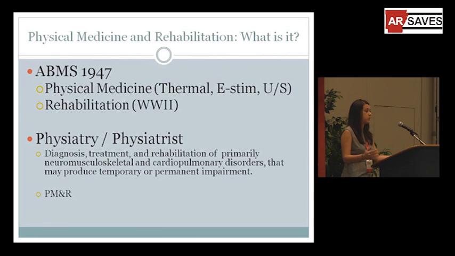We're also known as physiatrists or physiatrists, depending on what part of the nation you come from, and that's actually a really big issue in our field, how to pronounce it. And then for short, physical medicine and rehabilitation.